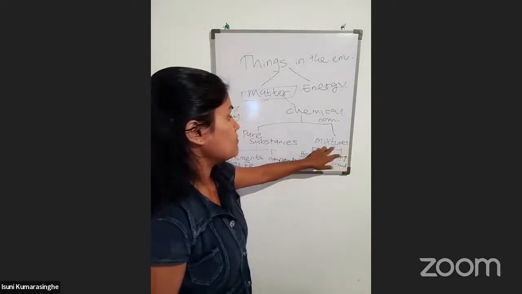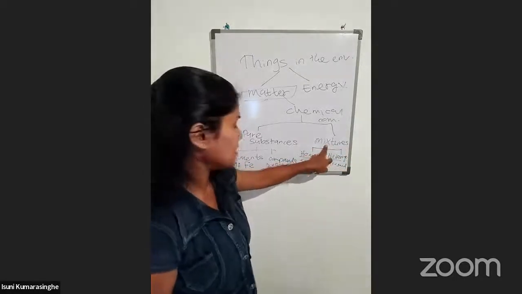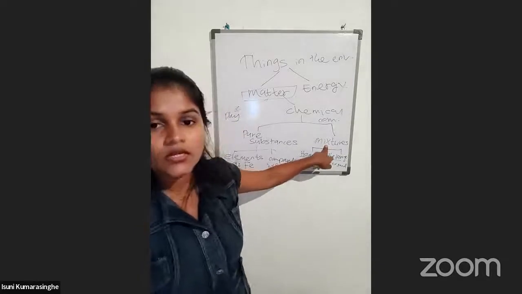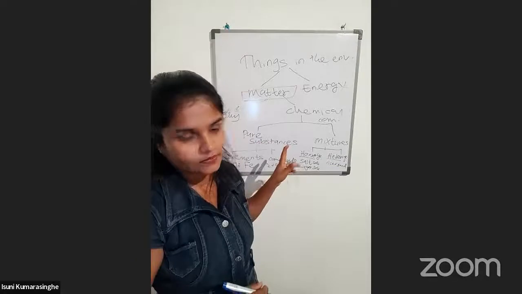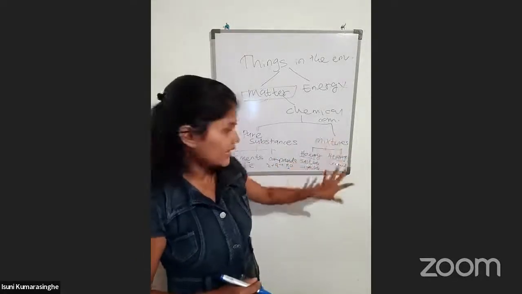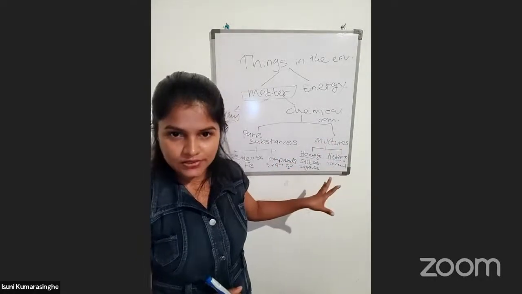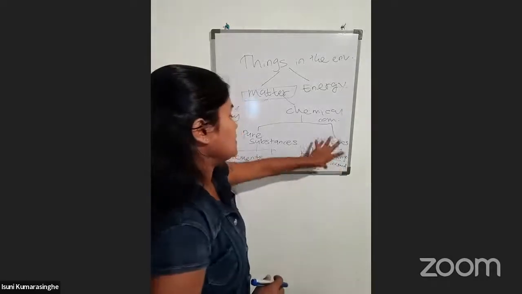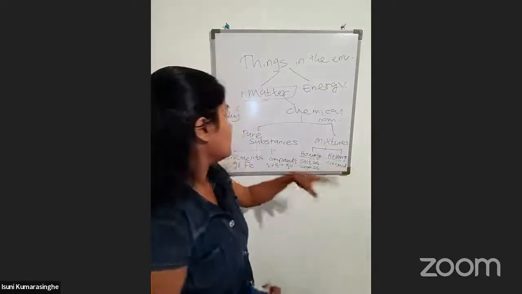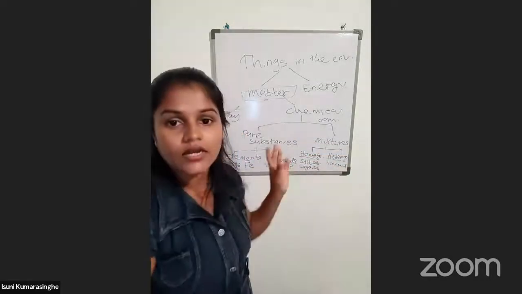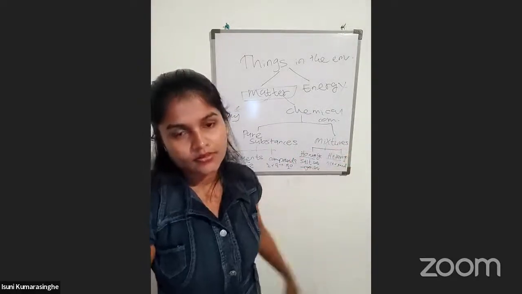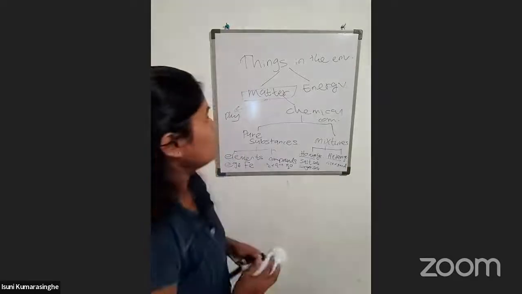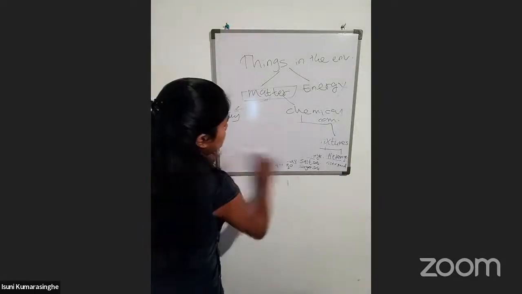Mixtures, whether heterogeneous or homogeneous, are made by combining two or more pure substances. I think now you all understand those things.